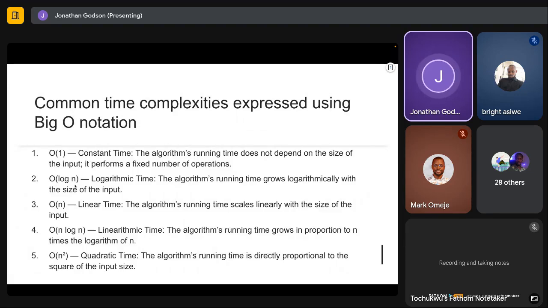Then there is O log n, which is a logarithmic approach. When we talk of logarithm in mathematics, when you take the log of a number, it does not grow exponentially, or the change is not too much as compared to a quadratic growth or an exponential growth.